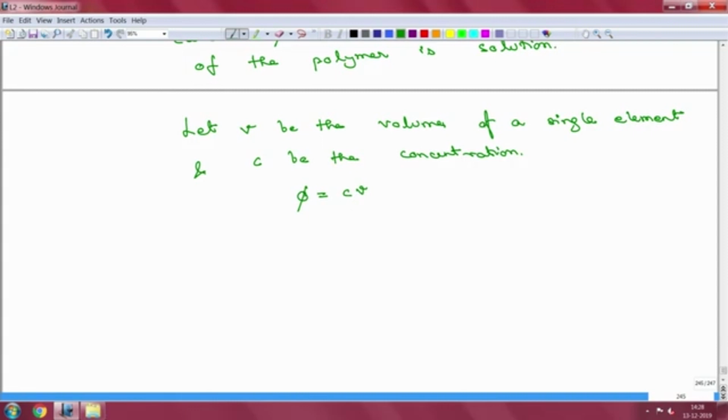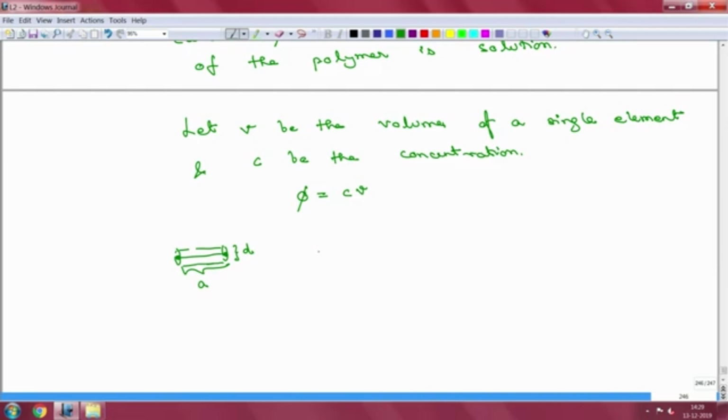Let us try to estimate this number. When we are considering a single segment, we said that this distance was A. It also has some effective diameter, and let us call this diameter D. This is a single segment of the polymer.